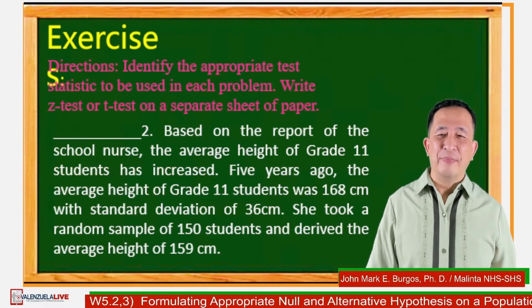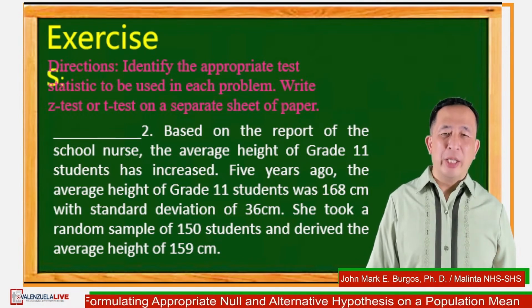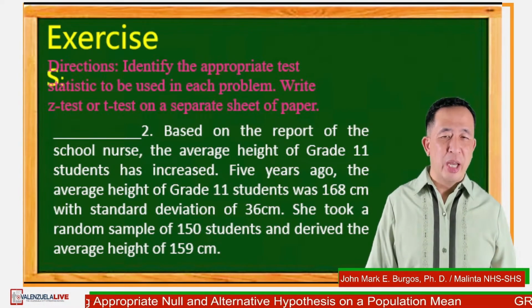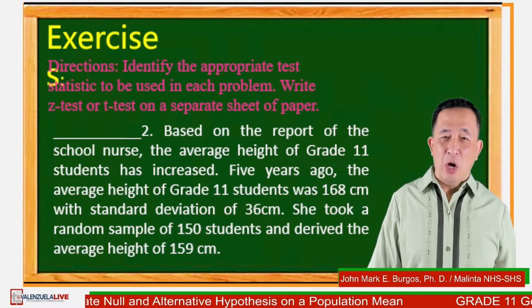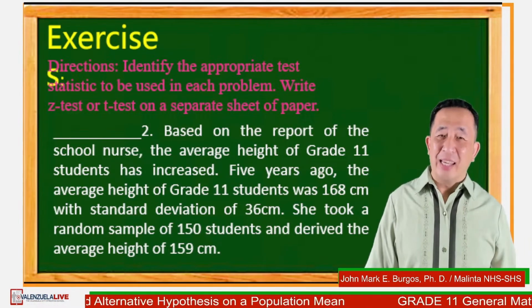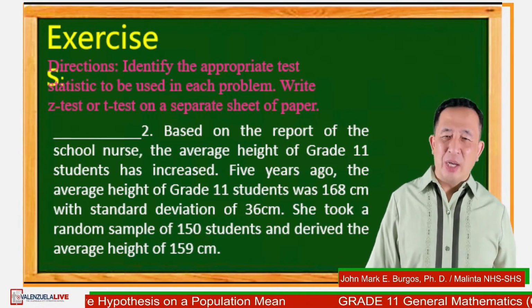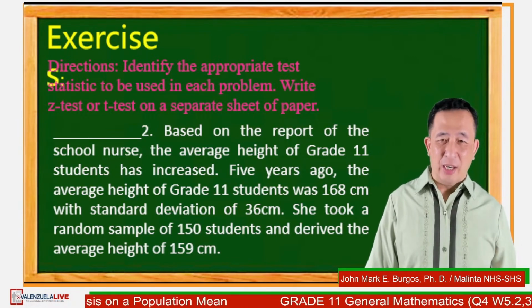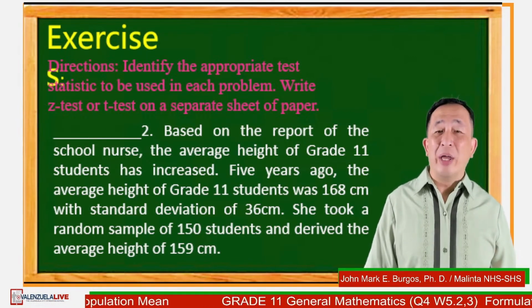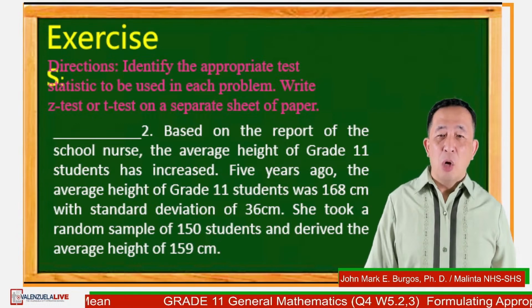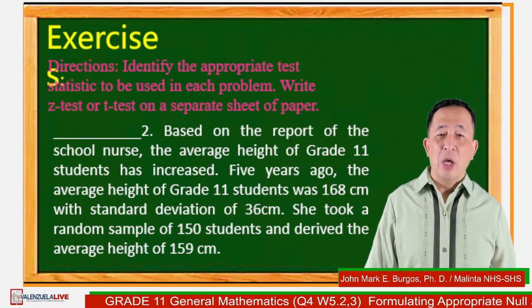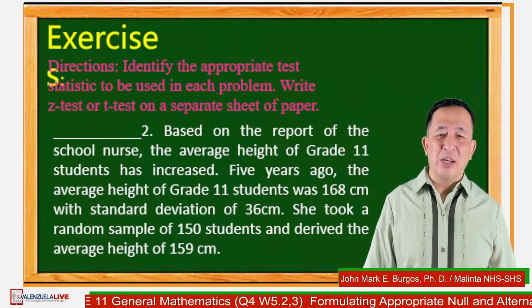Second question. Based on the report of the school nurse, the average height of grade 11 students has increased. 5 years ago, the average height of grade 11 students was 168 centimeters with a standard deviation of 36 centimeters.